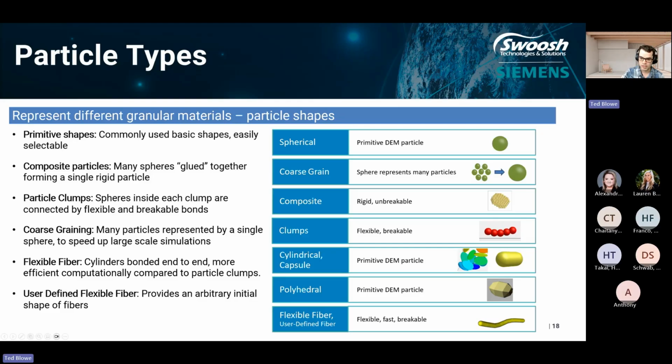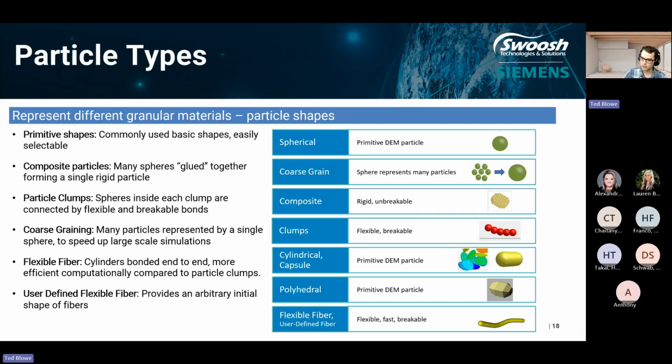The next type is cylindrical or a capsule, and this is another primitive that is elongated and important for higher aspect ratio particles when rotation or packing matters more than spherical approximations. Next is the polyhedral, which is another primitive type.